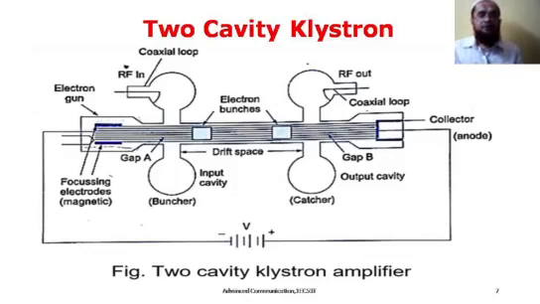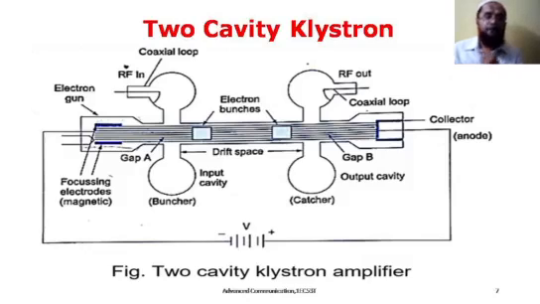Due to that combination, we are getting higher energy, which is taken out as RF energy from the catcher cavity, and we are taking it back to the outer side through the coaxial loop.